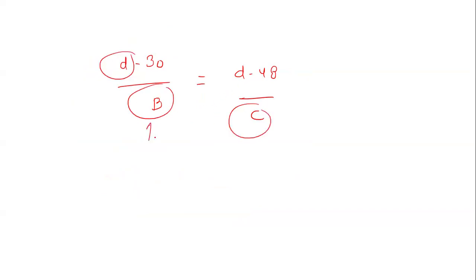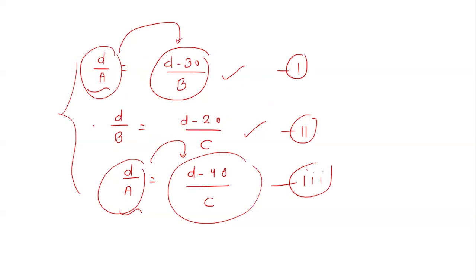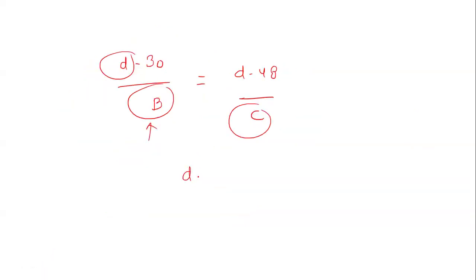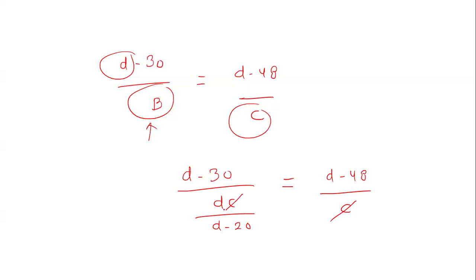If I put the value of B from the second equation, B is equal to DC divided by (D minus 20), in place of B, you can see the C cancels. So now I have a full equation in D, and I can find the value of D from here.